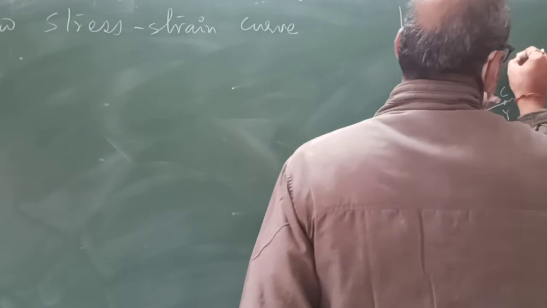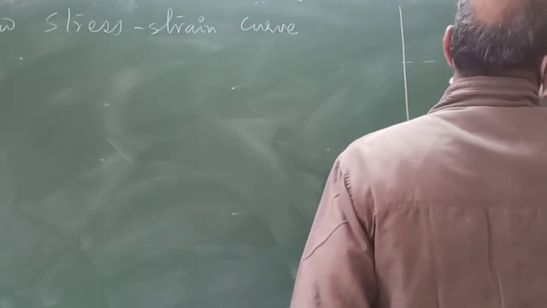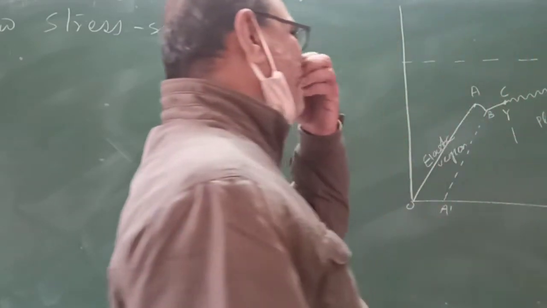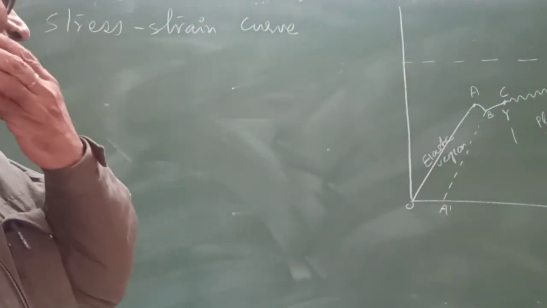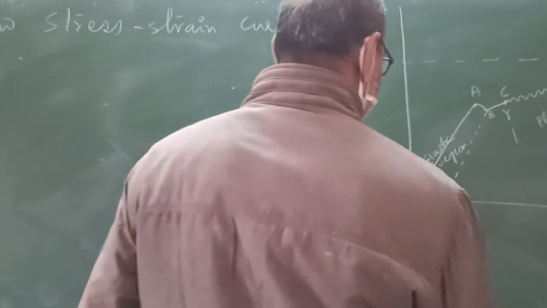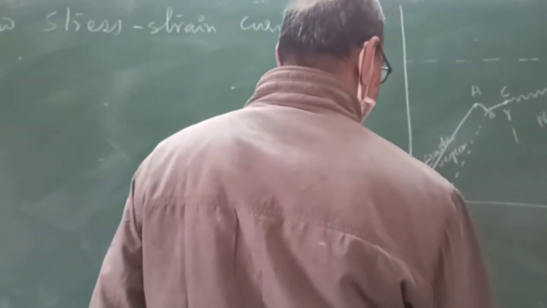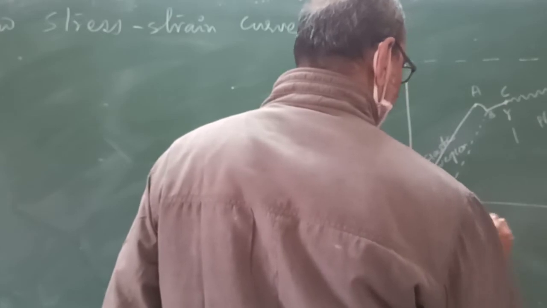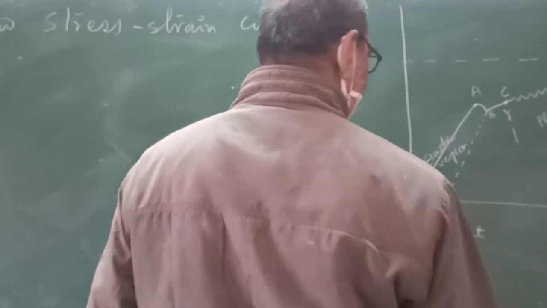The wire will be permanently deformed, and that is called the breaking stress. This point is the permanent set.